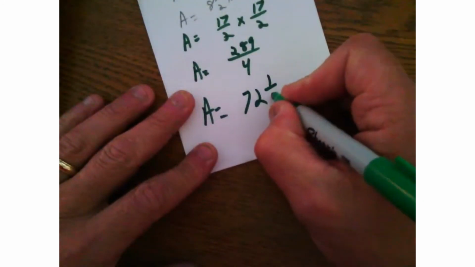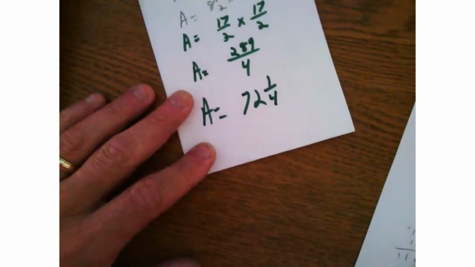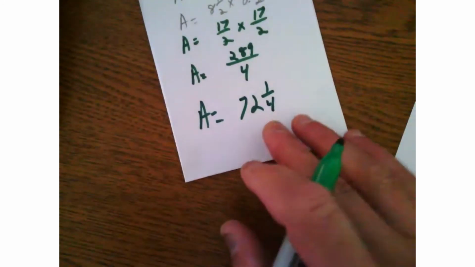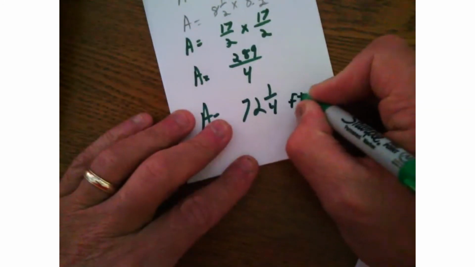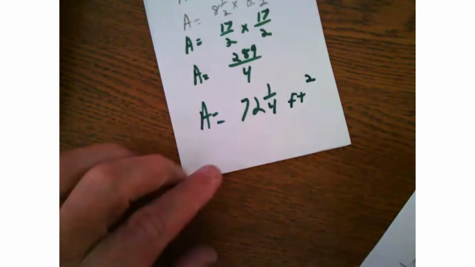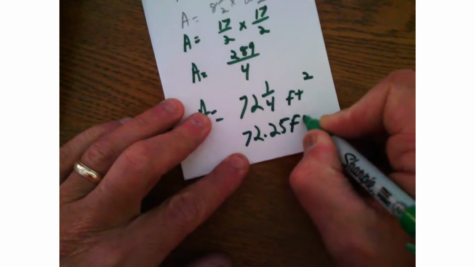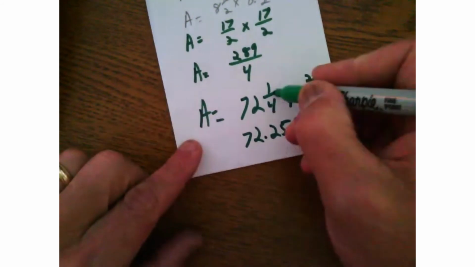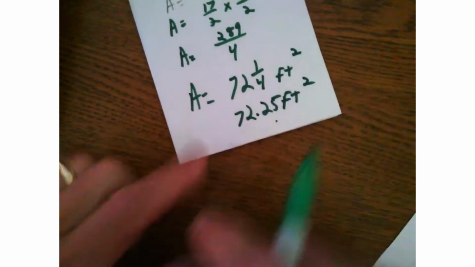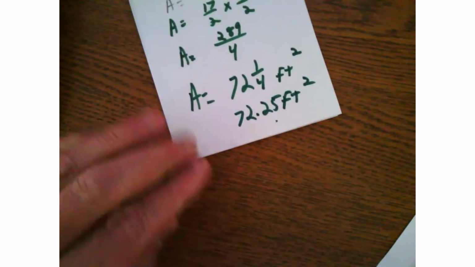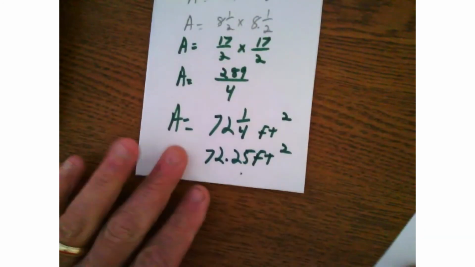I believe our original problem was in feet squared. Or you could have done a decimal, 72.25 feet squared, because you all know that a quarter looks like money, 25 cents. Now you have your 72 and a quarter. That's how you find the area. That's how you multiply 8.5 times 8.5.